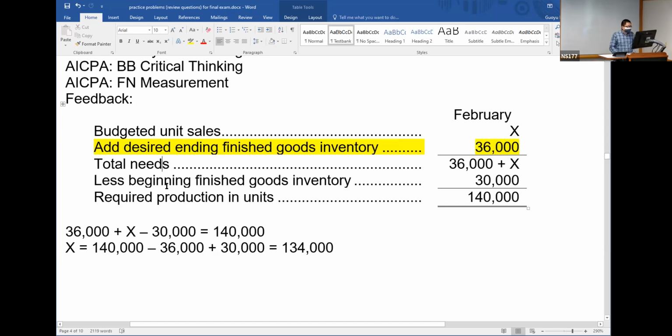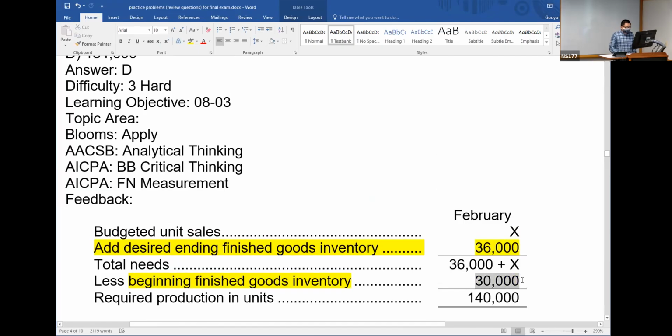Then we subtract the beginning finished goods inventory, which is the part coming from January. So here we need to assume that the beginning inventory for February is equal to the ending inventory of January.